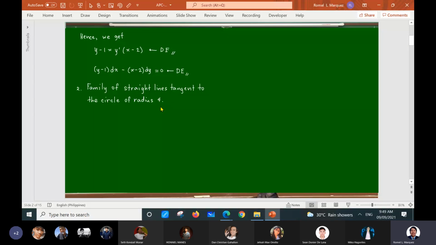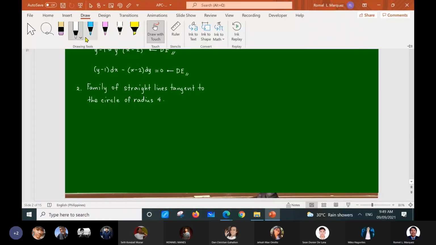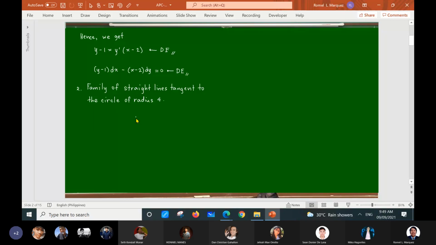So this is what we want for the family, no? It's still a family of straight lines, but this time every member is tangent to the circle of radius 4. So the circle there is fixed, no, guys?